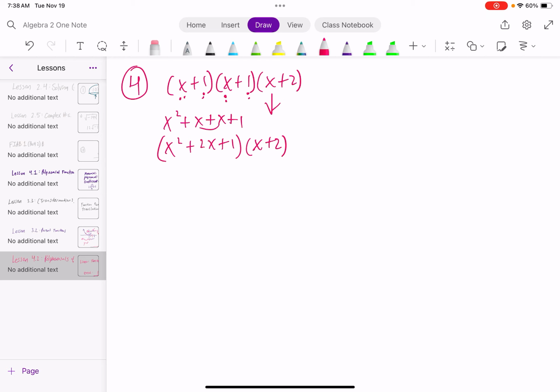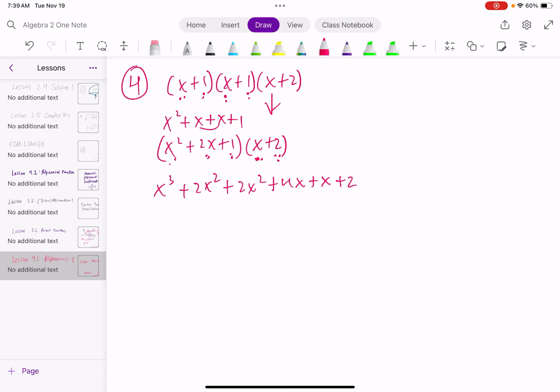Now we're going to do x squared times x is x cubed. x squared times 2 is 2x squared. 2x times x is 2x squared, and 2x times 2 is 4x. 1 times x is x, and 1 times 2 is 2.